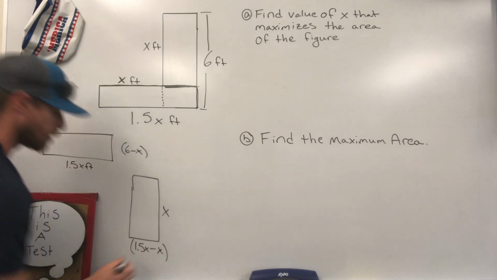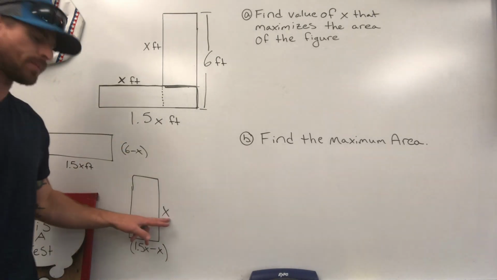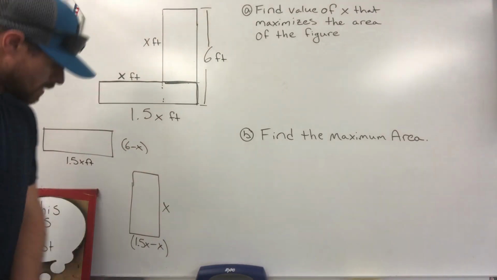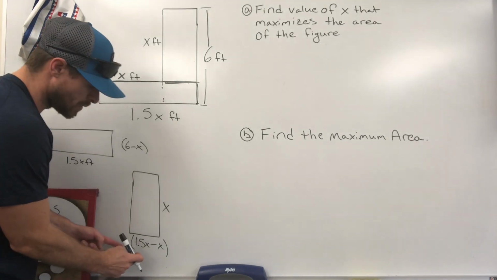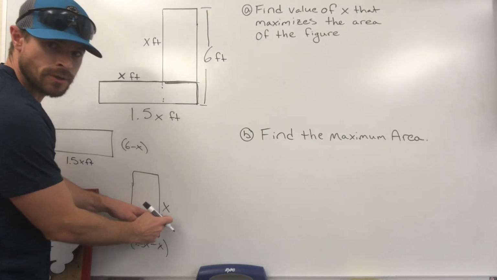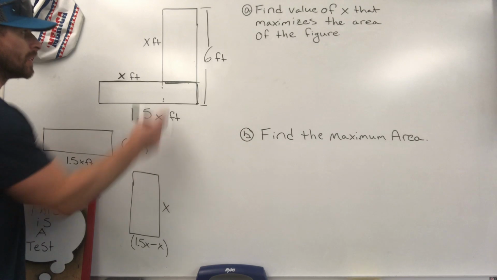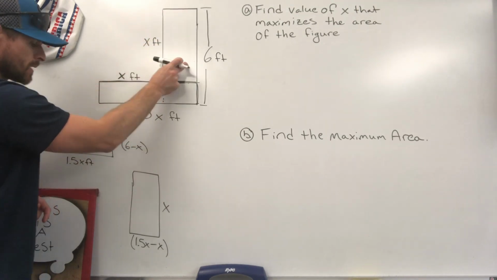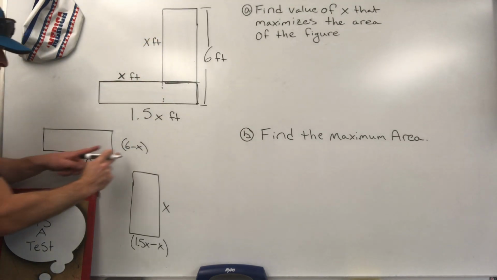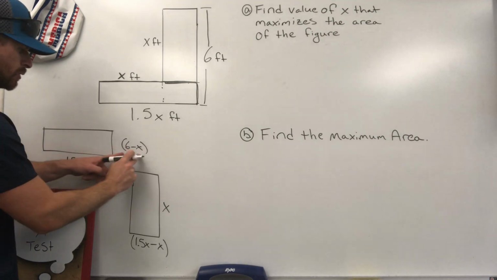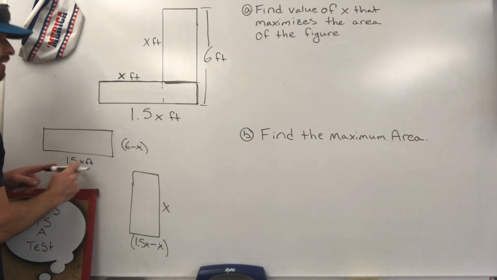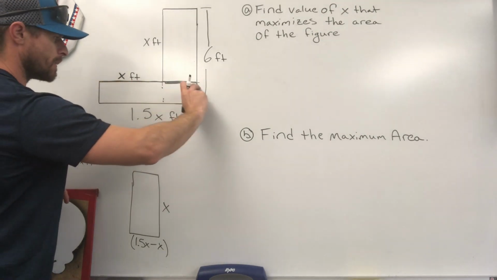So I've got a binomial that I'm going to be multiplying by the monomial there. That'll give me the area of this rectangle. And we've got our distance here and our distance there. So if we just multiply those two polynomials together, that's going to give us the area of the bottom rectangle.